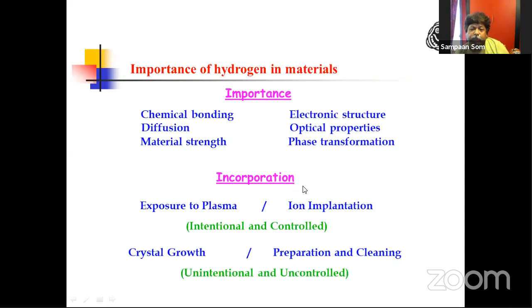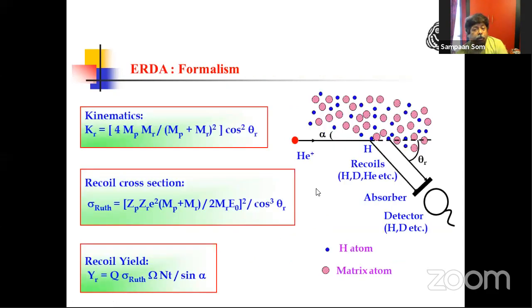Next slide, please. However, hydrogen is very difficult to detect. I have told earlier also, and will reiterate again. Here, as I told, helium bombards a target, and hydrogen will get recoiled. Hydrogen is lighter, so helium cannot get backscattered after scattering from hydrogen.